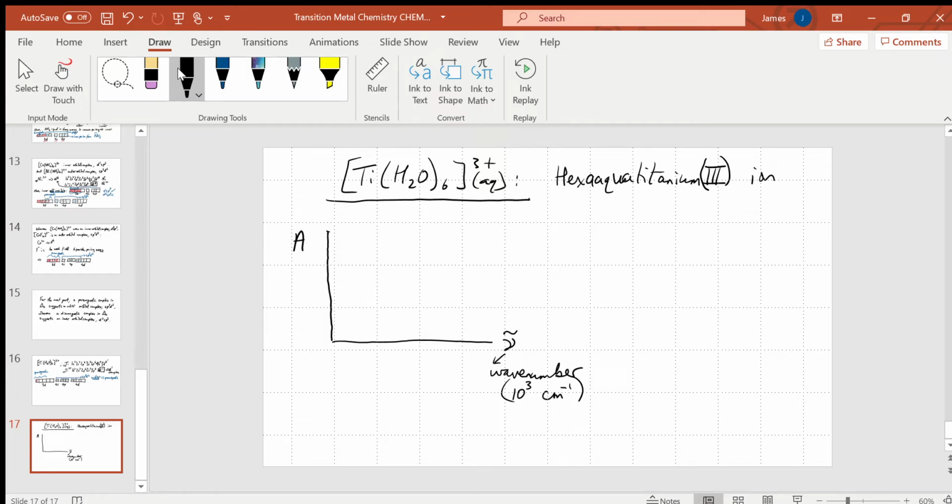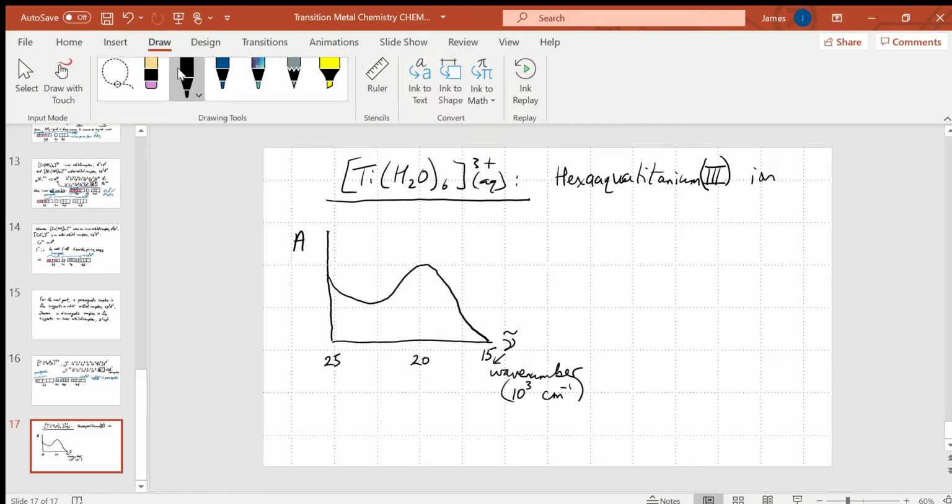Then we would have something like this, where we'd have 25,000, the peak would hover around 20,000, and about 15,000 over here.